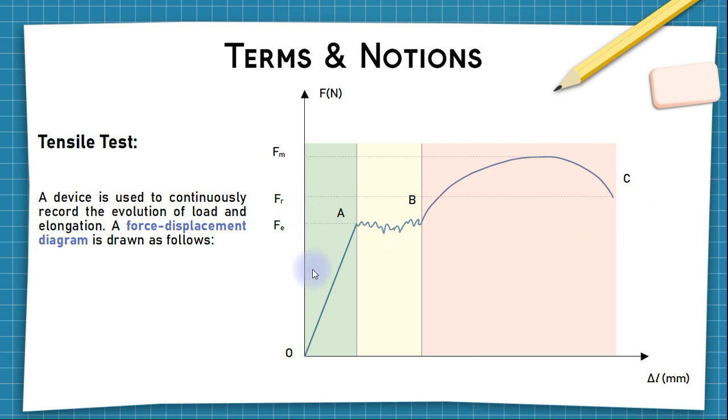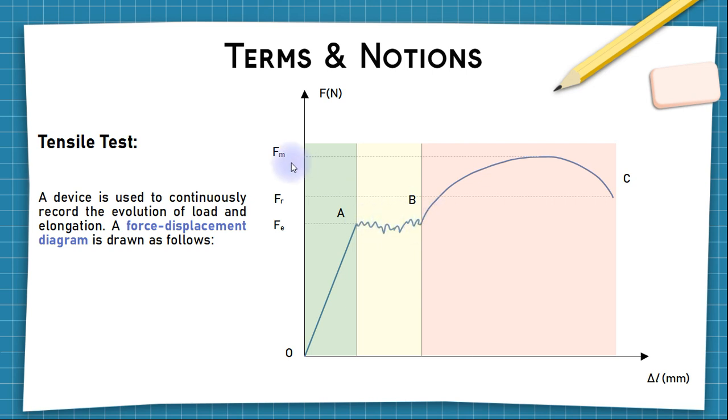So we got here the Fe, which is the force where the elasticity limit is denoted. So this is the last elastic point, and from here we're starting to have a plastic behavior.